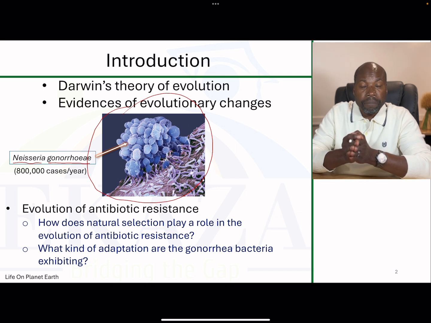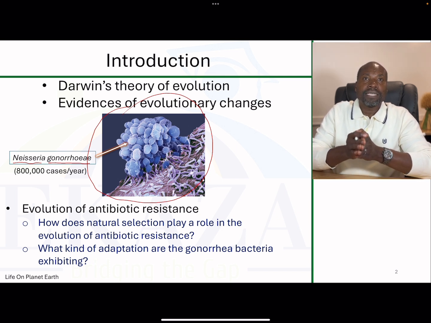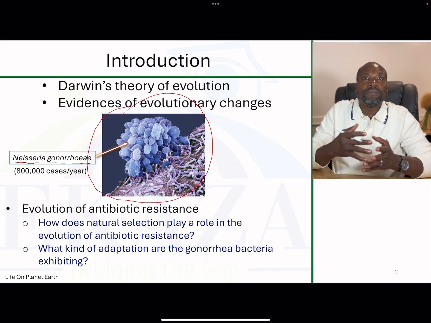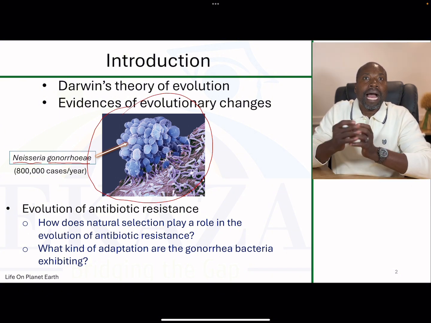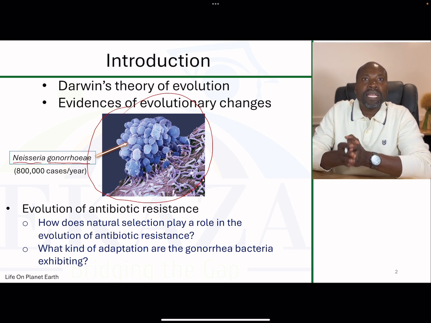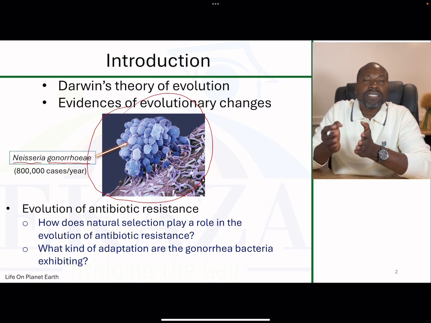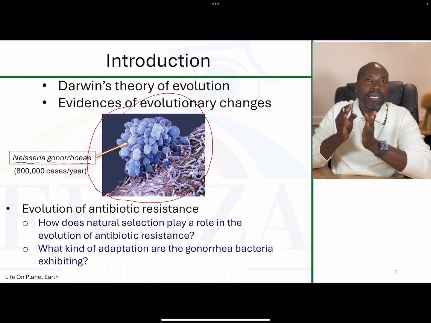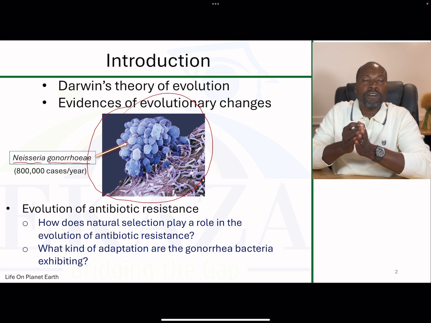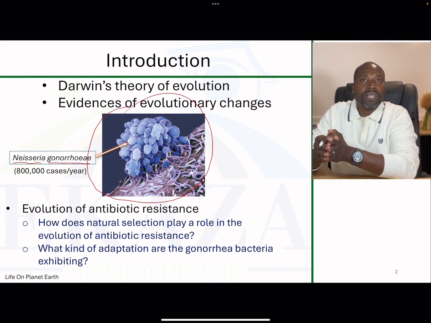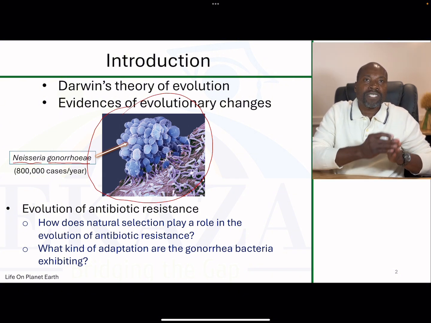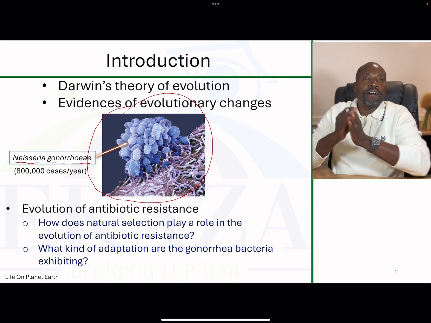And actually MRSA, the superbug, is developing resistance to the very drugs that are used to treat staph infections. How is natural selection playing a role in the development of resistance to this antimicrobial? And let me mention that the development of this drug-resistant bacteria is proof of evolution of microorganisms from a state of sensitivity to a state of resistance.